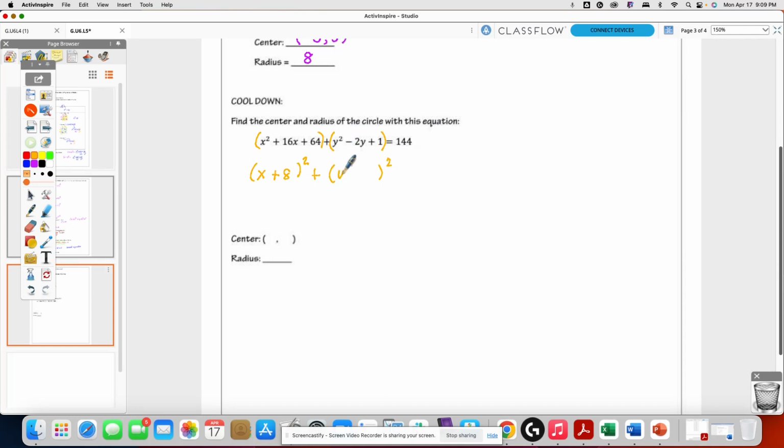So we have the y here, and then we have negative 2 divided by 2 is equal to negative 1. So that is y minus 1 squared is equal to 144. So from here, the center would be at negative 8, positive 1, okay? And the radius is equal to 12, which is the square root of 144.